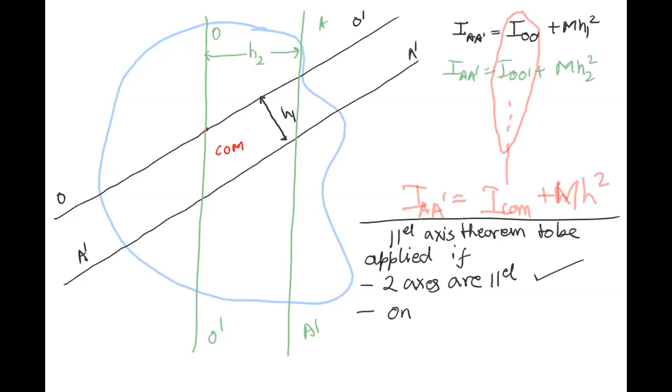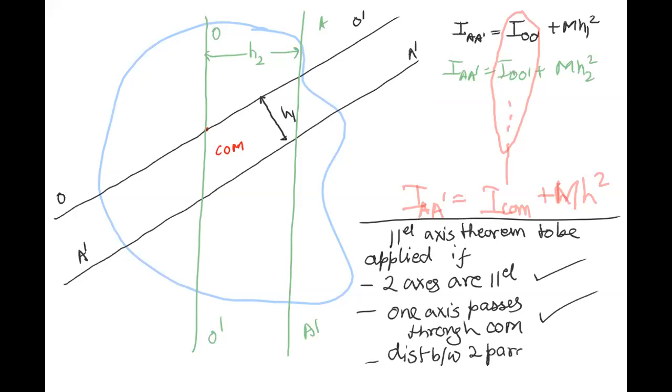Number 2, one axis passes through the center of mass. Number 3, the distance between the 2 parallel axes is known. If the answer to all these 3 questions is yes, then you can apply the parallel axis theorem. Okay?